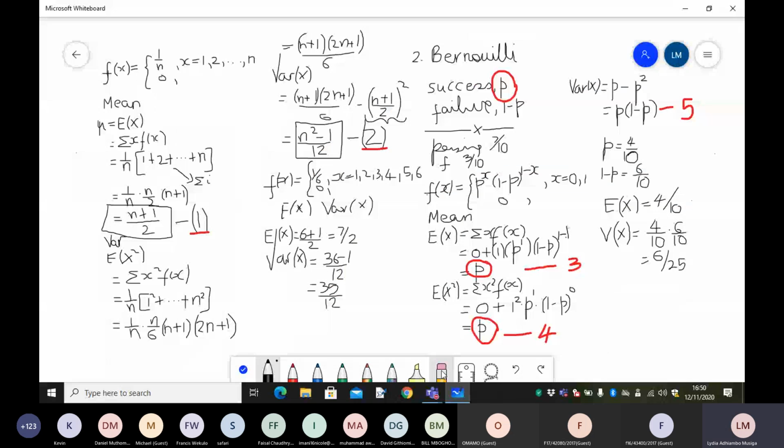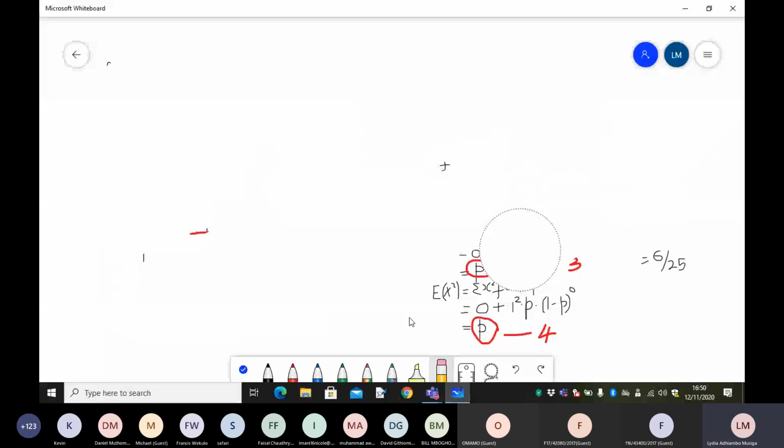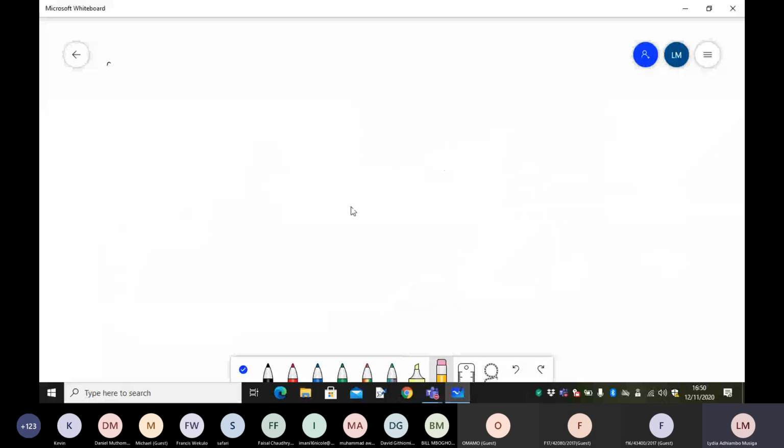We want to look at the third distribution. The third one is the binomial distribution.